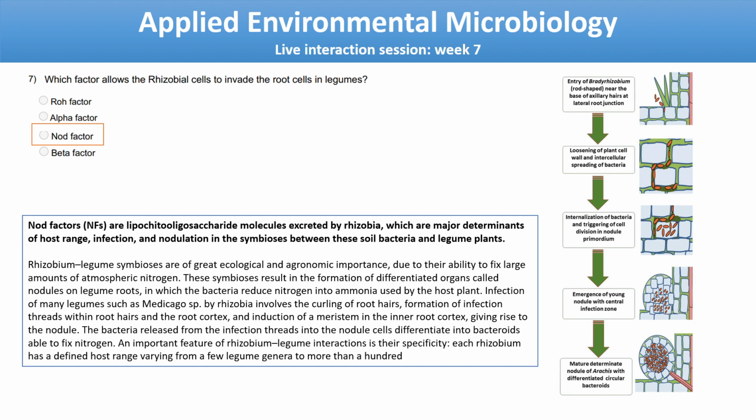Initially there will be one or two bacteria going in through the root hair, and then they will form an infection loop, and this is where the bacteria will be internalized. Then at this position there will be several divisions of the cells which will form a nodule-like structure. And since the bacteria are accumulated here, this is where the bacterial nitrogen fixation will take place.